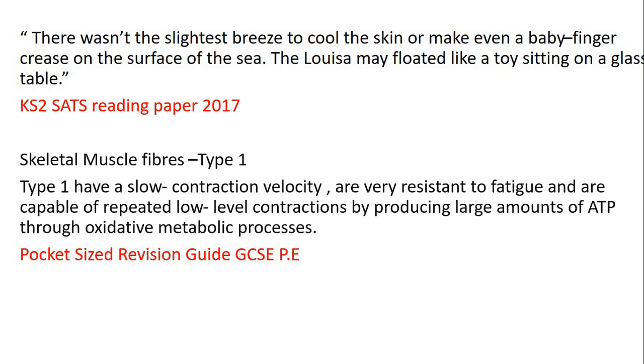Type 1 have a slow contraction velocity, are very resistant to fatigue, and are capable of repeated low-level contractions by producing large amounts of ATP through oxidative metabolic processes. And I don't even know if I've pronounced the oxidative, I don't know whether it's oxidative, but never mind.